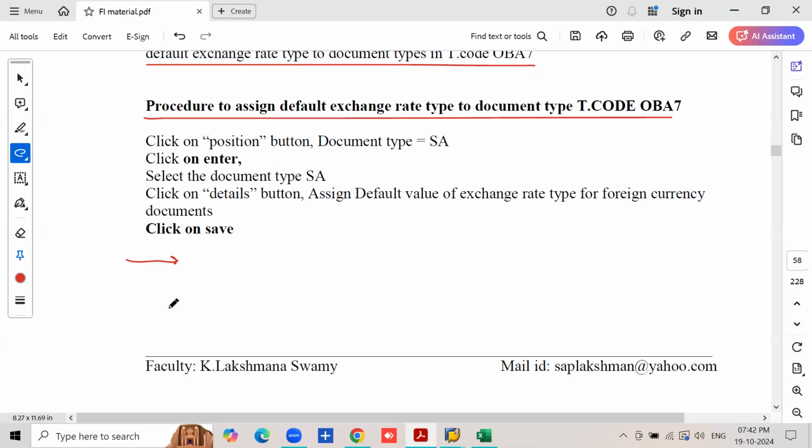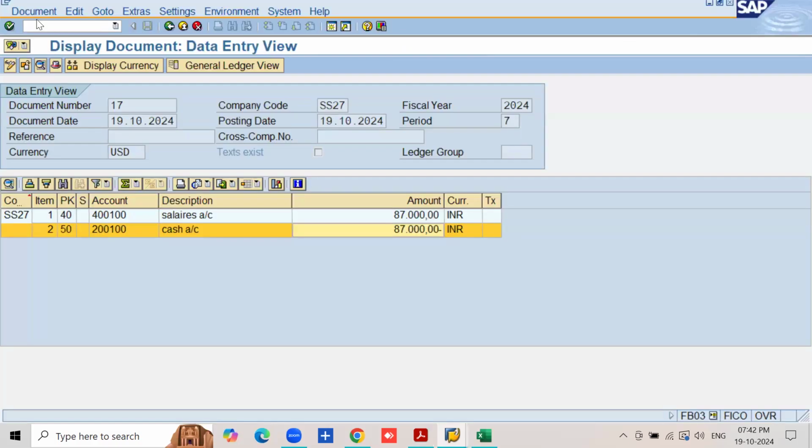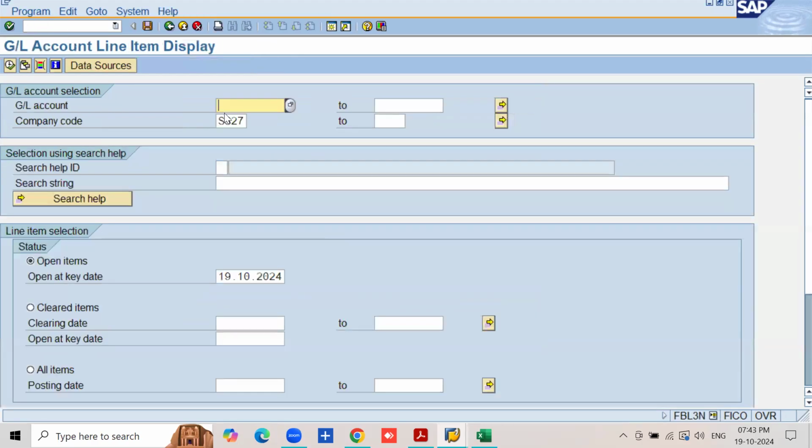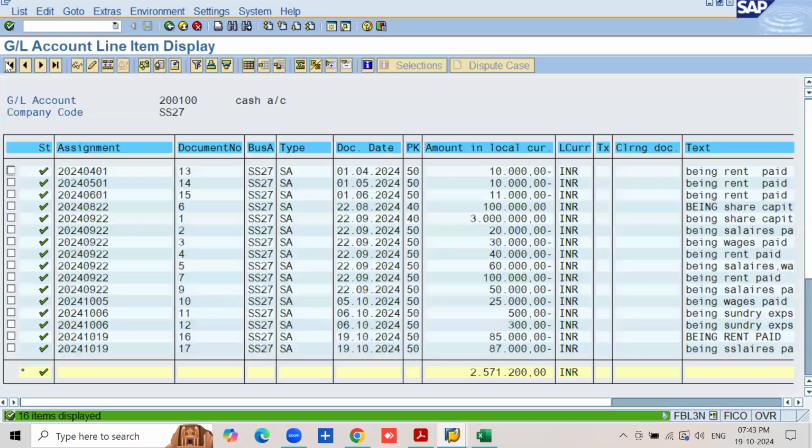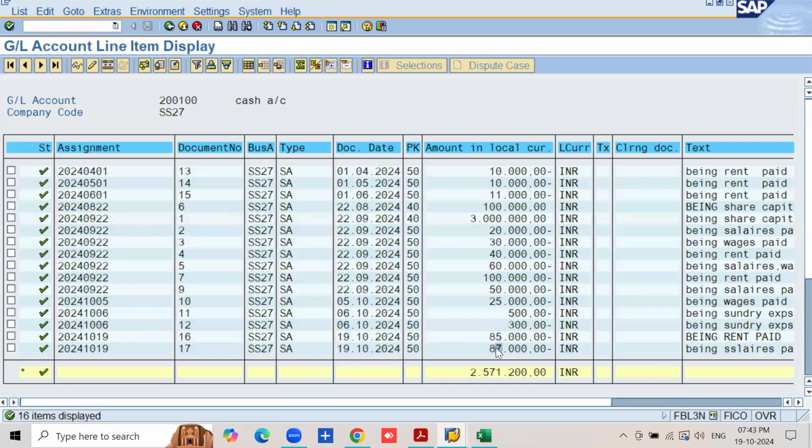Okay. Now, see, we have posted 2 foreign currency transactions, right? Now let us display the line items in the cash account, FBL3N. See, the line items are displayed in company code local currency.